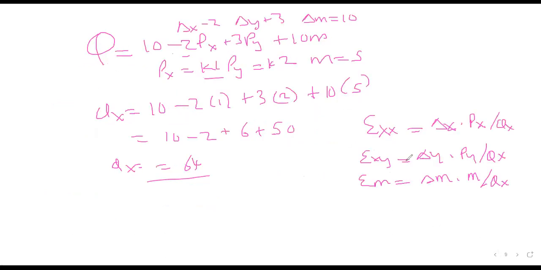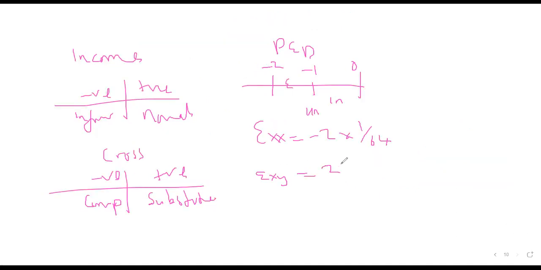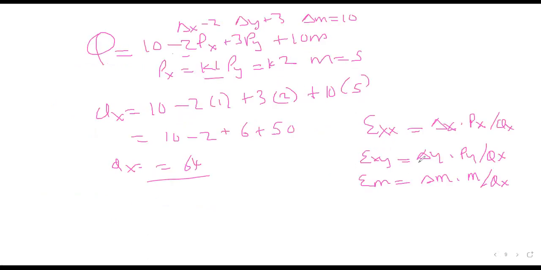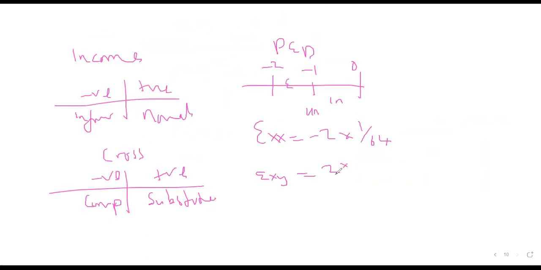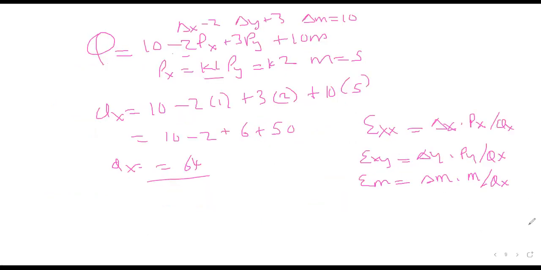The actual price is 2 and the quantity 64. So 3 times 2 over 64. And finally, the income. The gradient for the income was 10. The actual income was 5 over 64.